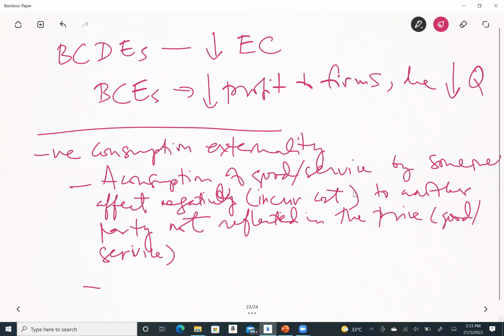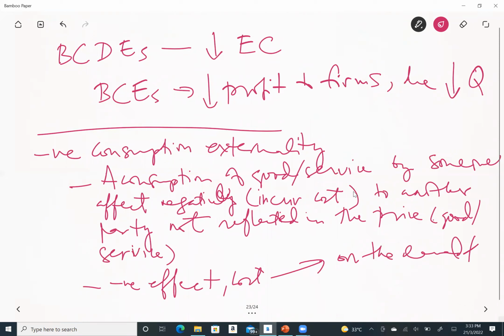Now the effect here is the negative effect, or the cost. The cost would be on the demand function, because it is consumption. Production, marginal cost; consumption, demand.